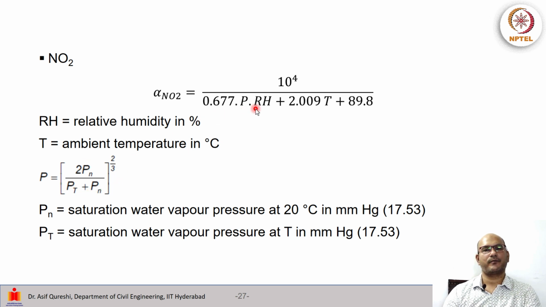So the response will be different and also will be in relation with the relative humidity. The proportionality with the saturation water vapor pressure will have to be seen when it is calculated at temperature T.